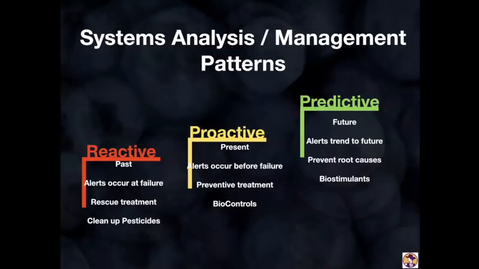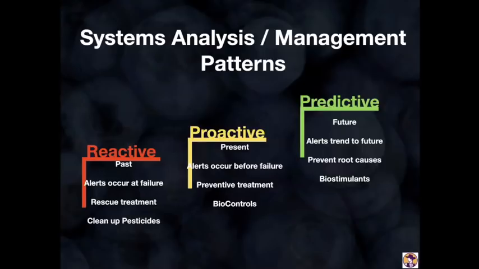So our goal with predictive management is to prevent the root cause of the problem from ever becoming a problem in the first place. So if we continue with the spider mite analogy, our goal is to try to understand why the spider mites are attracted to a given crop and change that crop's nutritional profile or change the environment in such a way that we remove the potential for an infection.